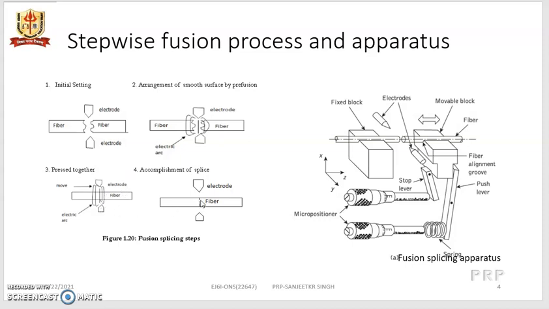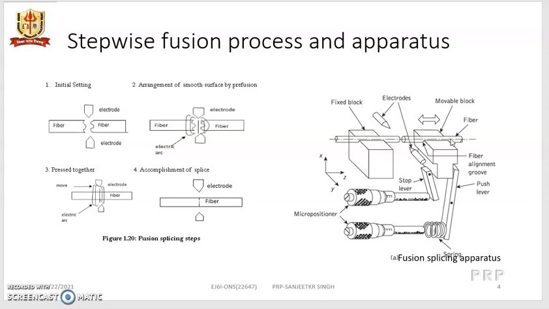So here we find a perfect joint. Then it will be observed under a microscope or some testing equipment to see the losses taking place, and if there is any error, then again it will be corrected, either by breaking it, preparing it and joining again.